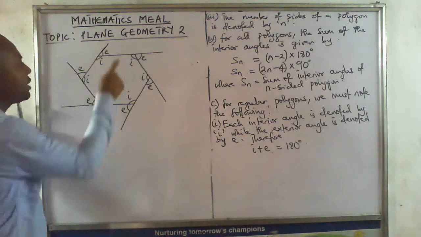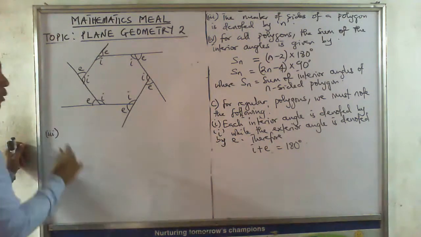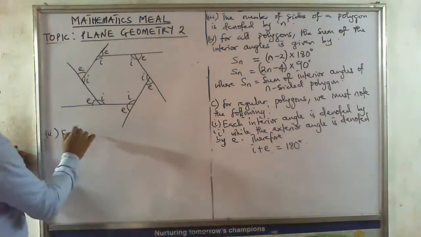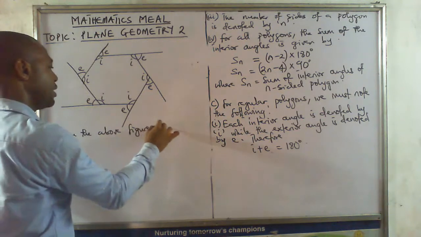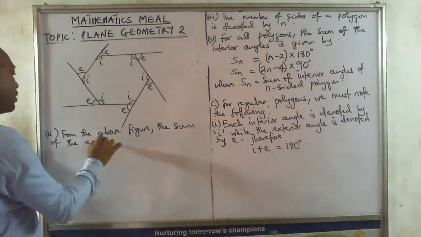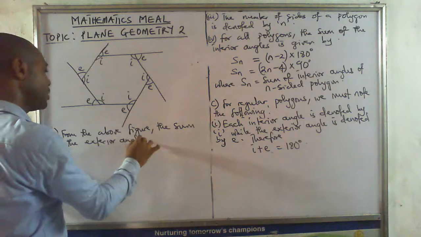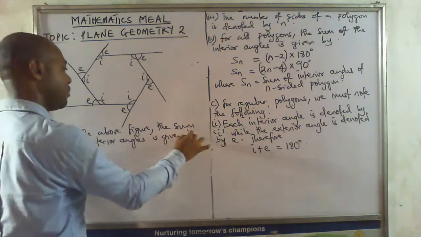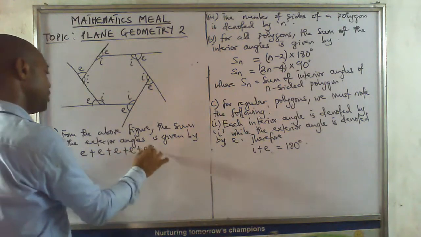Now, if I want to add the exterior angle, point number 2, from the above figure, the sum of the exterior angles is given by E plus E plus E plus E plus E plus E.